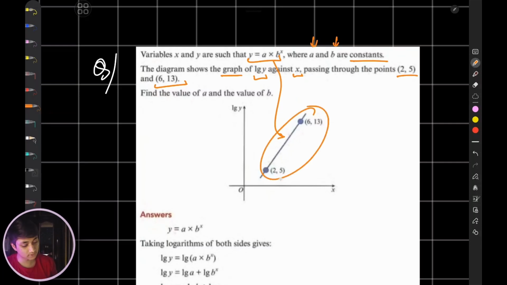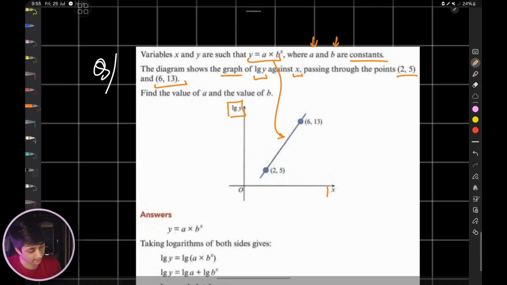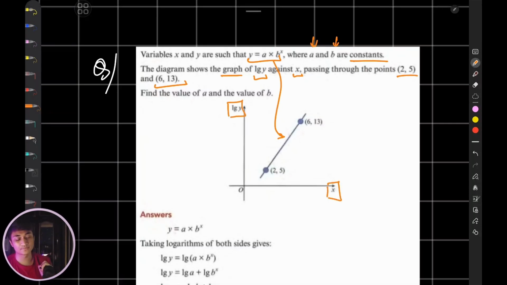And notice over here, what are the variables? Log y and x. So immediately from the graph, you have to introduce what? Log to the equation. Log base what? 10. So over here, you can't just introduce any other log base to the equation. It can't be any other value other than 10. Why?